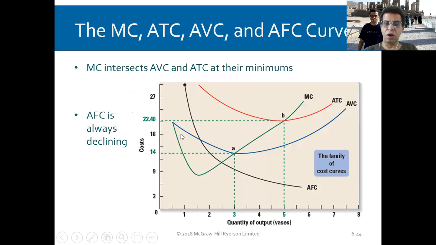As the marginal cost intersects with average variable cost and average total cost at their minimum. So if we have the marginal cost, and the fixed cost is going to keep declining, it doesn't matter how many you produce, the more you produce, the lower your fixed cost per unit goes.